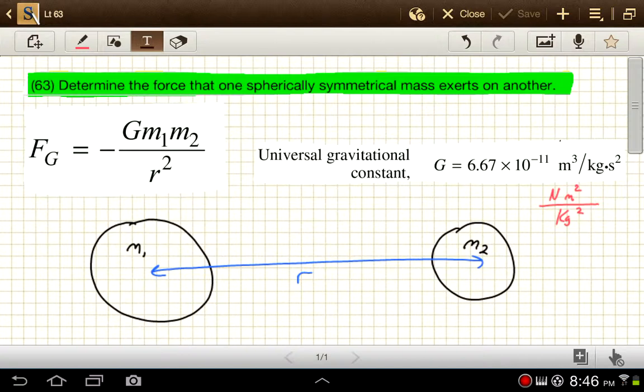And we'll multiply that by not the acceleration of gravity, but the universal gravitational constant, G, which we'll use as 6.67 times 10 to the negative 11th cubic meters per kilogram second squared. Alternate units for that, using the abbreviation of newtons, meaning kilogram meters per second squared, we could write as newton meters squared per kilogram squared. That's probably a more useful unit most of the time, since we're going to want to calculate force in newtons, not in kilogram meters per second squared.